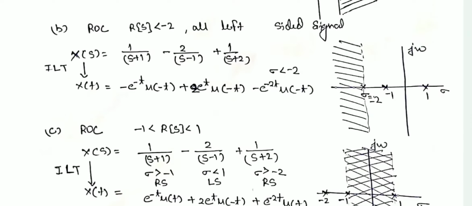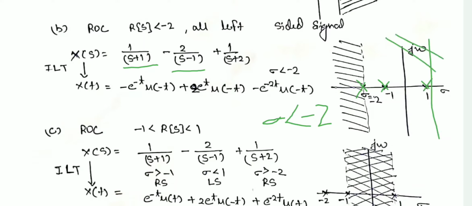When we plot it, the common ROC given is sigma less than minus 2.